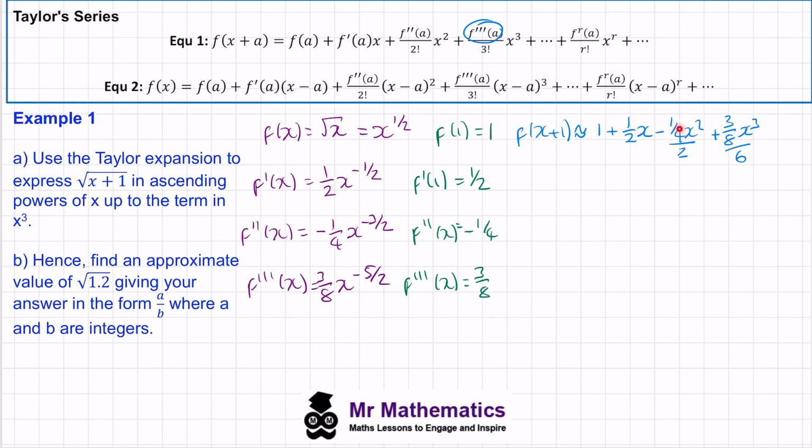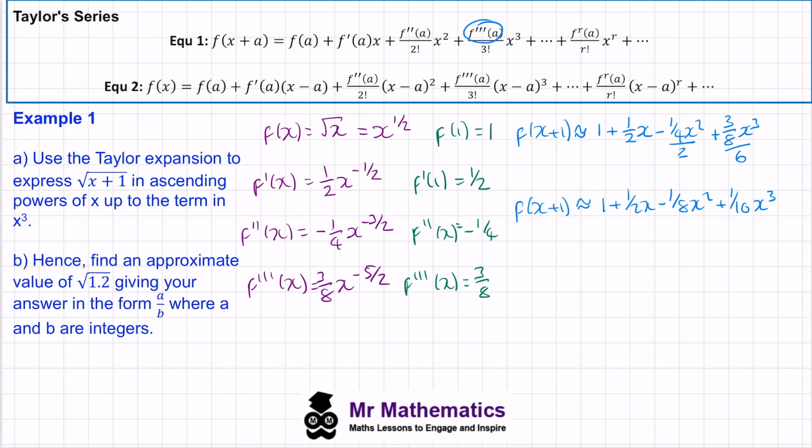And we can simplify each of these fractions, so our approximation becomes f of x plus 1 is 1 plus a half x minus 1/8 of x squared plus 1/16 of x to the 3. So this becomes our Taylor series approximation for f of x plus 1.